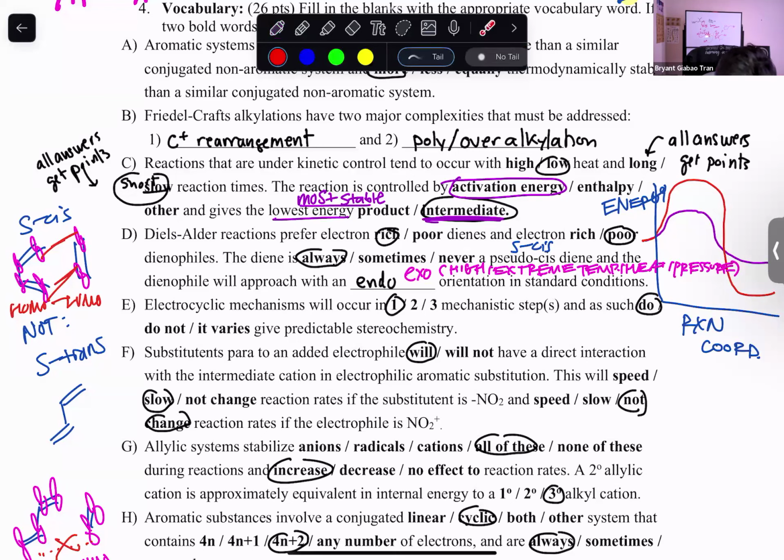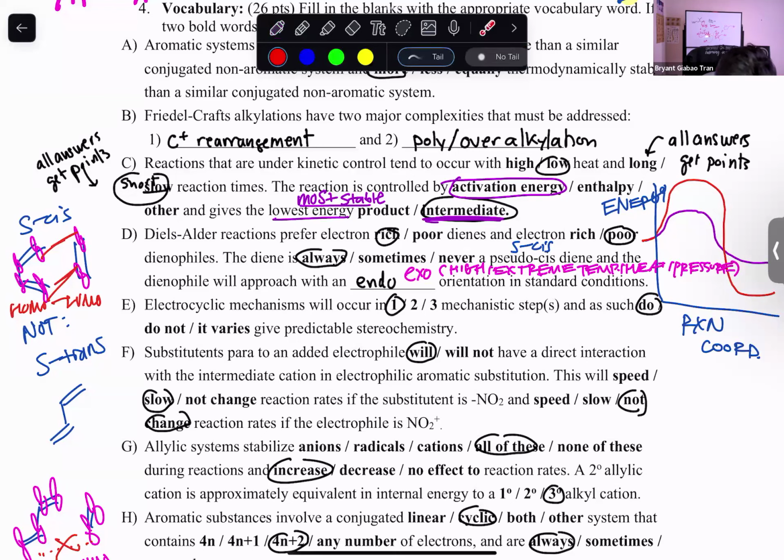Here the benzene is the nucleophile, where if there's an EDG on the benzene ring, that increases the reaction rate. So let's say I put R here.